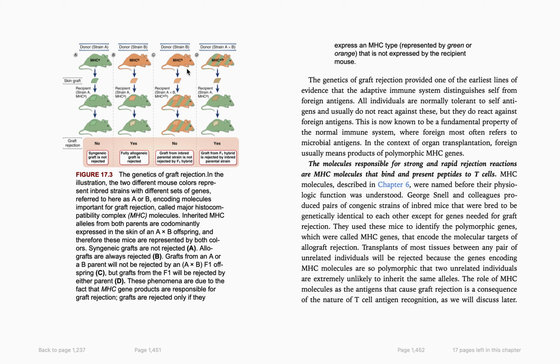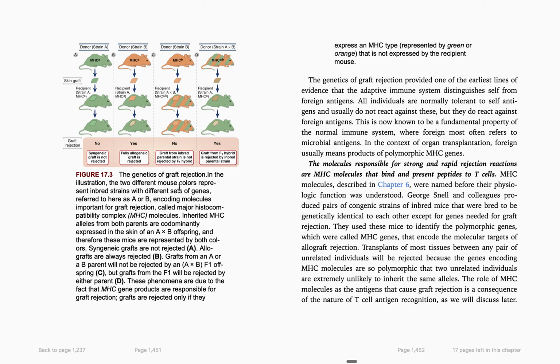Donor strain B, recipient AB: no rejection. Then donor strain AB, recipient A: tissue is rejected because there is some new antigen.